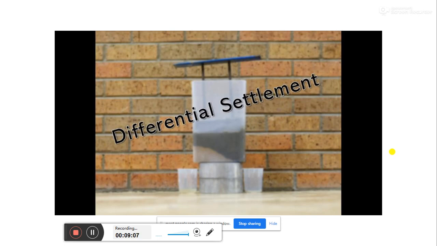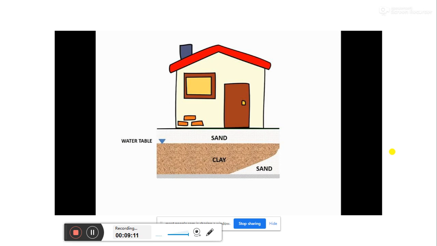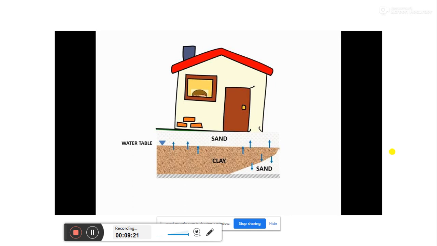This is known as differential settlement, which, if not considered, can lead to instability of structures. You can see the structure failure such as tilting.